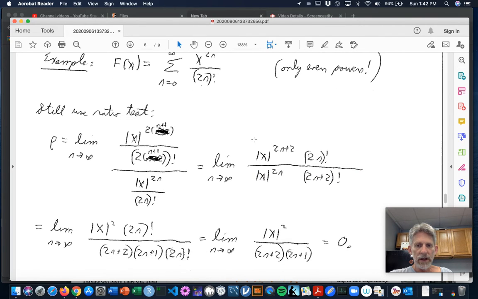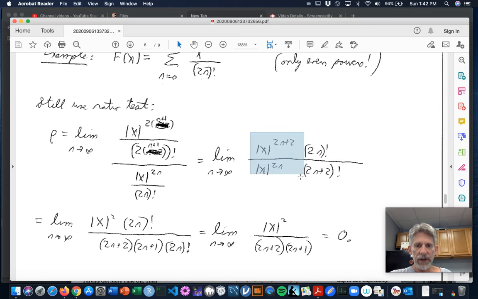Now, the reason we come up with this on the top is that 2 times n plus 1 is 2n plus 2. On the bottom, we've got this factorial, again, because 2 times n plus 1 is 2n plus 2. Okay, now stare at this and see what will cancel. You can see how there's going to be an extra 2 absolute value of x's left on the top.